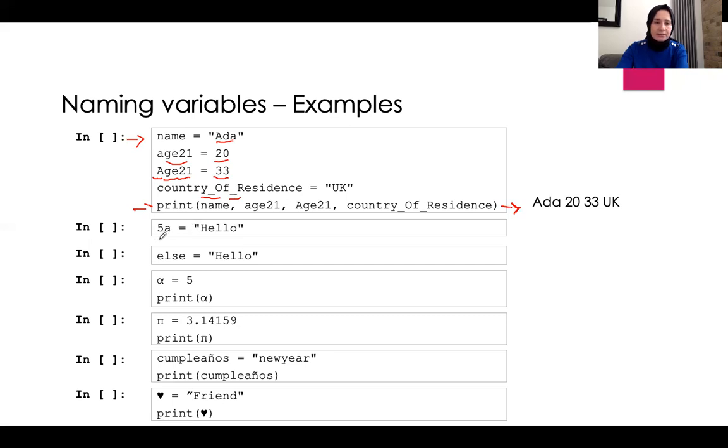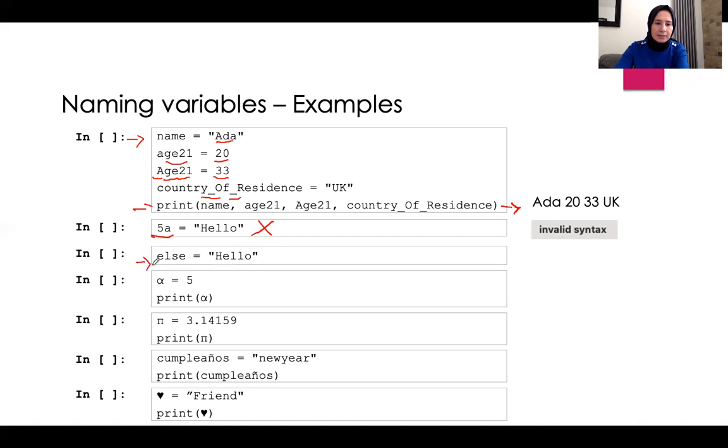And we have another variable here, guys. As you can see, the name is 5a. You have to remember something here. You can't start your variable name with a number. Therefore, this is not going to work. The system will complain about it. This is something you can't do.